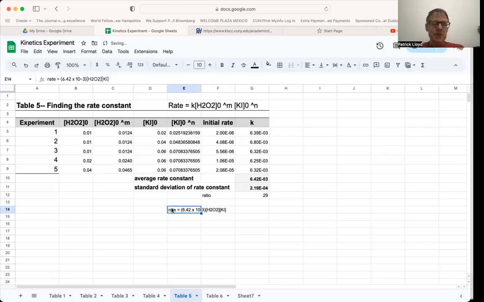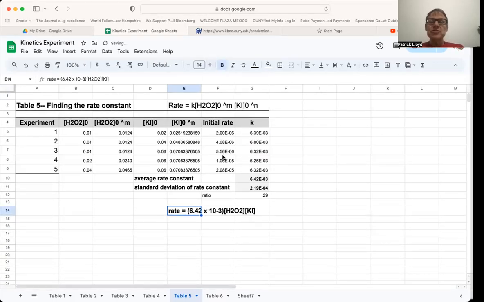And so that would be our rate law. We now know that it's first order in H2O2, it's first order in KI with a rate constant of 6.42 times 10 to the minus 3. In fact, since we know that it's first order in both of the reactants, that means overall it's second order.